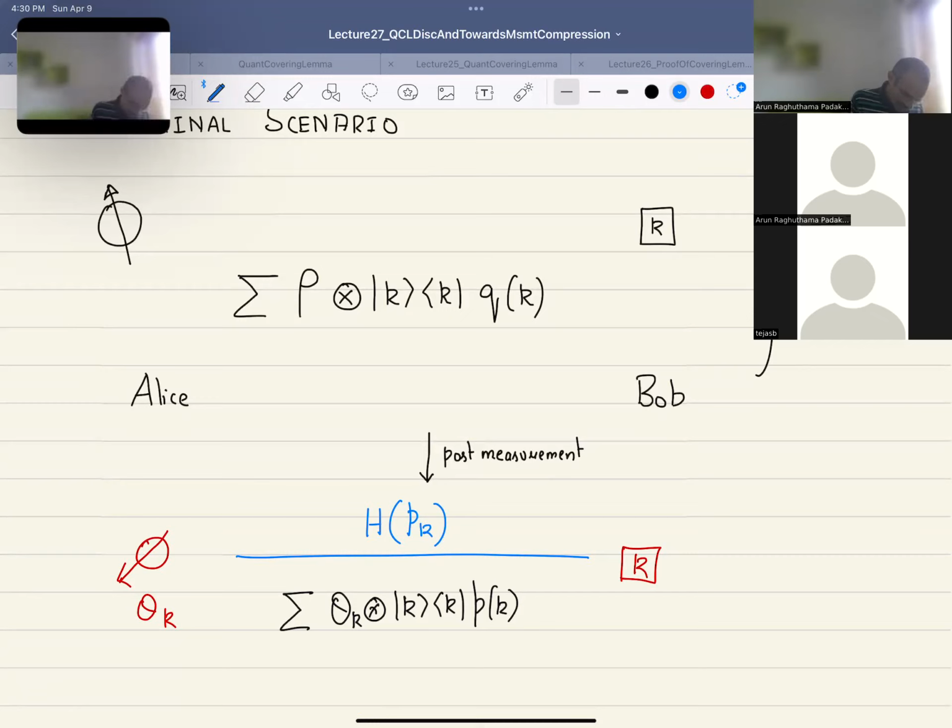Do you agree? So Alice performs the measurement, and the outcome of this measurement has to be communicated to Bob through a wire. The quantum state is on the left, and the classical register comes to the right. And I claim that to enable this, you essentially have to send h of pk number of bits to Bob. Do you agree?